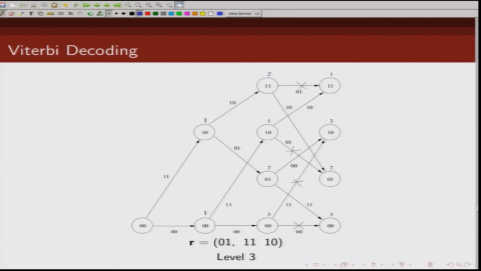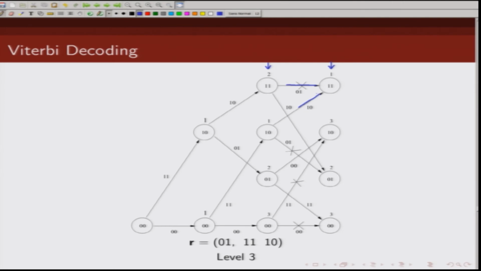Now, once we know the path metrics at this time instance, what is the next step? We need to find the path metric here. Now, how do you find the path metric here? Note here we have two branches which are entering the state. One is this, the other is this.